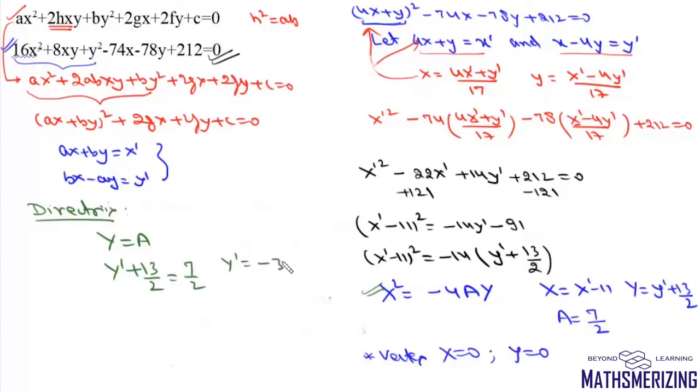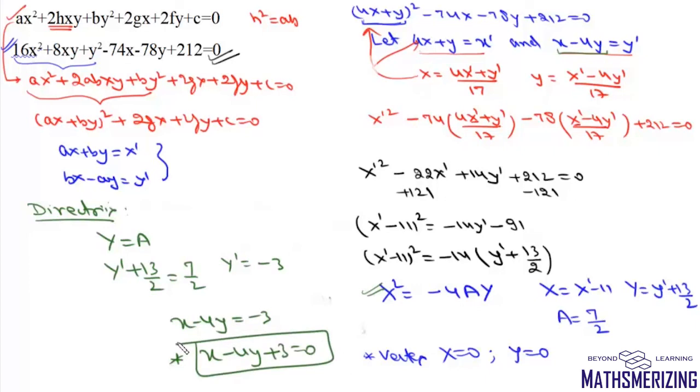So we'll put y dash. Now y dash is x minus 4y, so it will be x minus 4y equals minus 3. So the equation of the directrix of this parabola will be x minus 4y plus 3 equals 0. So this is how we find focus, vertex, directrix, axis, latus rectum, everything for a general parabola.